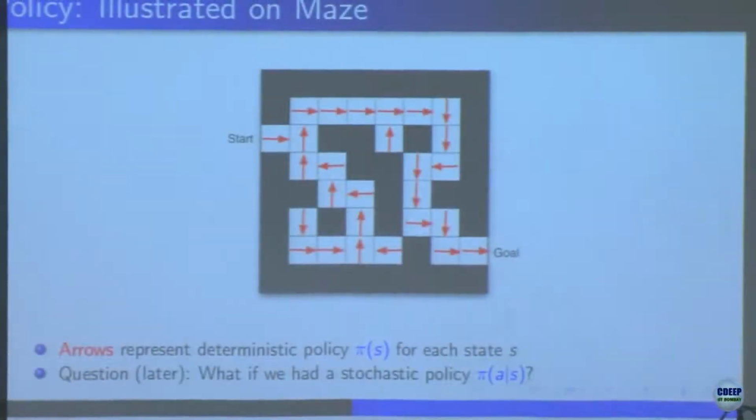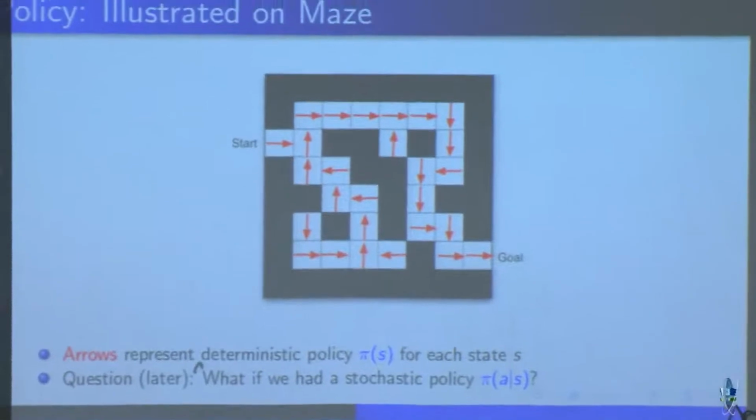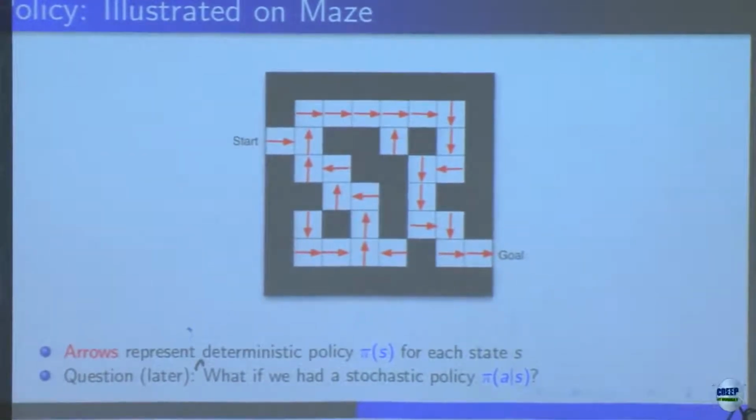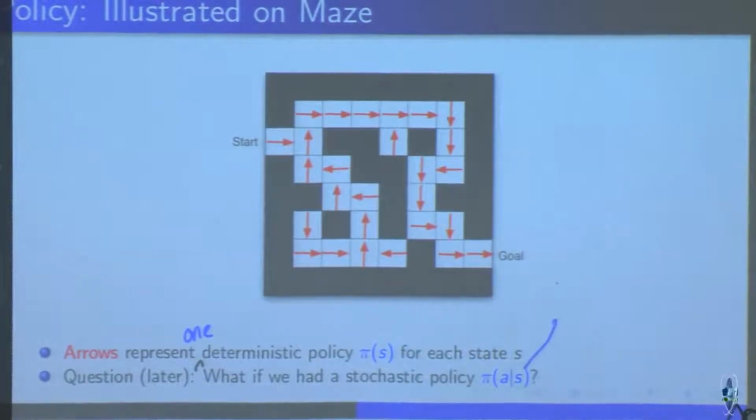So this is a deterministic policy. The arrows represent one such deterministic policy for each state S. So now the question would be, what would happen if you had a stochastic policy? A stochastic policy would be a mapping but probabilistic, right? So an example would be pi of north given a particular state S1 is 0.5.